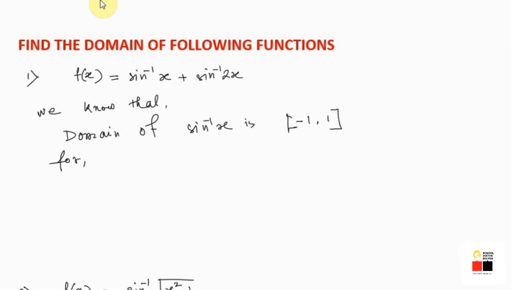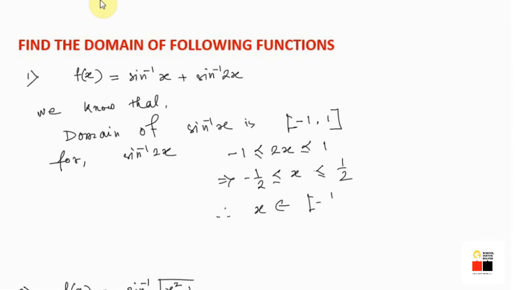For sin inverse 2x, -1 less than or equal to 2x less than or equal to 1, so minus half less than or equal to x less than or equal to 1 by 2. Therefore x belongs to the closed interval minus half comma half.